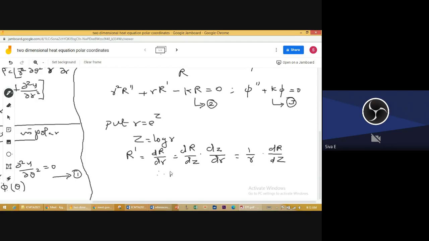Therefore, dr by dz equal to r into r dash. Cross multiply that r, then dr by dz equal to r dash.